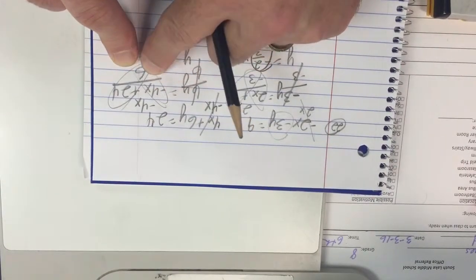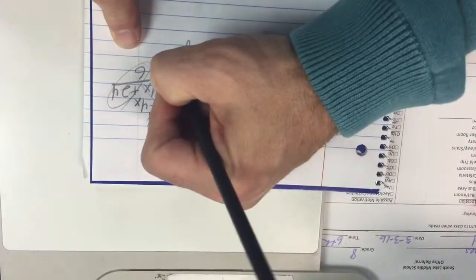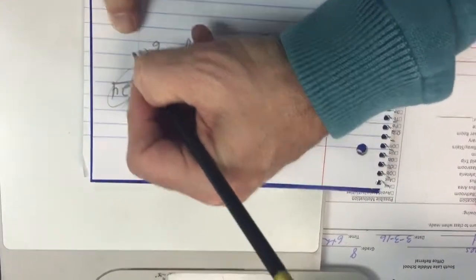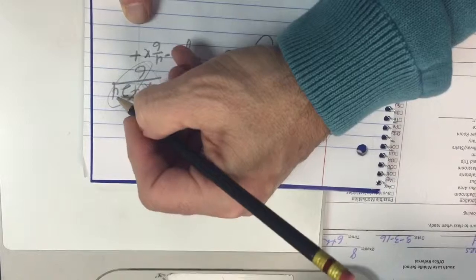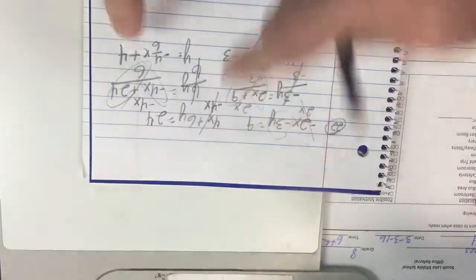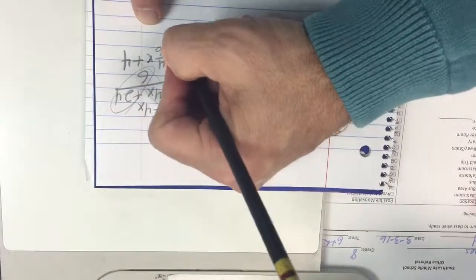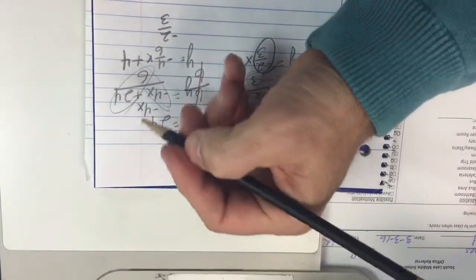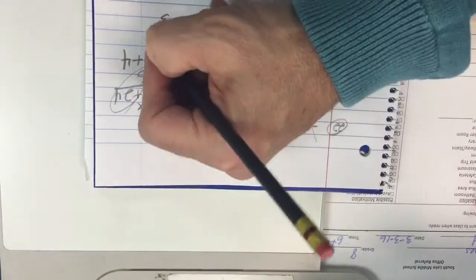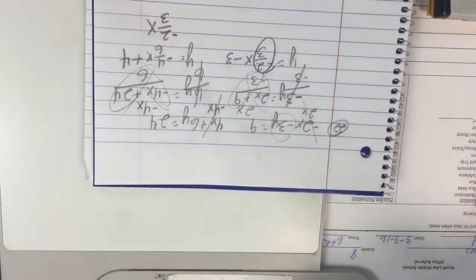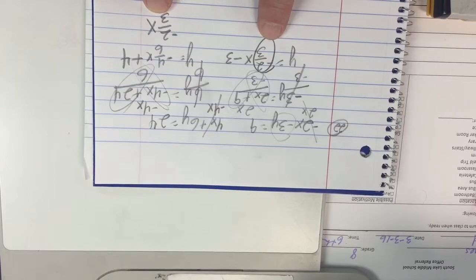Negative 4x divided by 6 is going to be negative 4 over 6x. And then plus 24 divided by 6 is 4. This can be simplified to negative 2/3 x. So that would say that these are parallel.